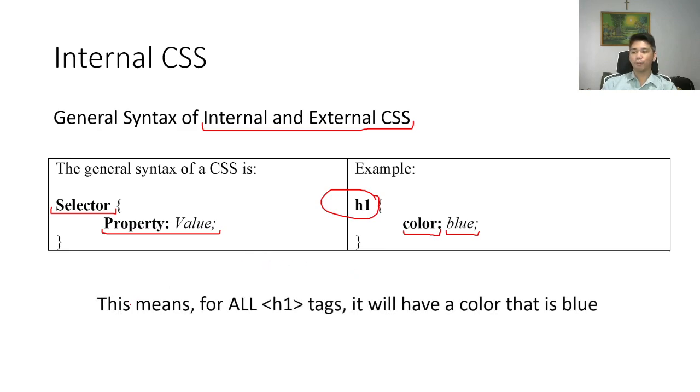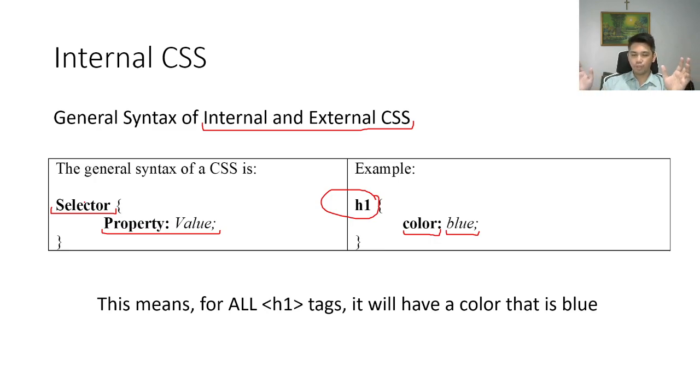This means that for all H1 tags, it will have a text color that is blue. So again, the selector may be any HTML tag or any custom tag, class, or ID, which we will cover later on. Any custom identifier can be a selector.